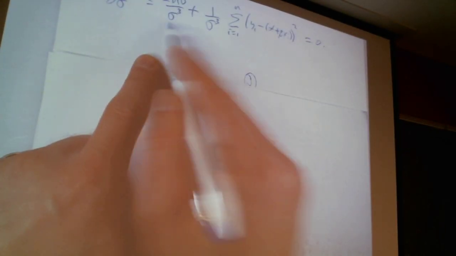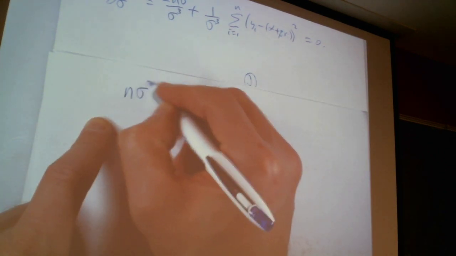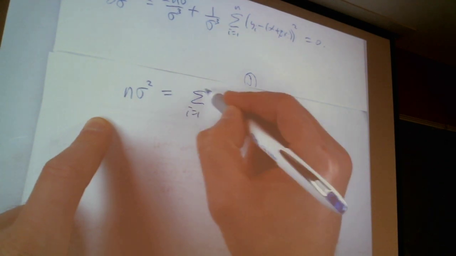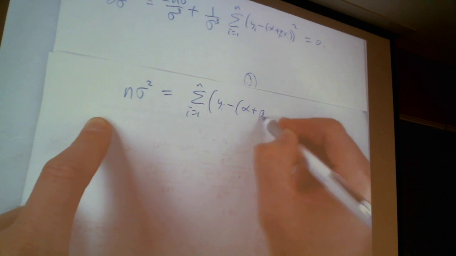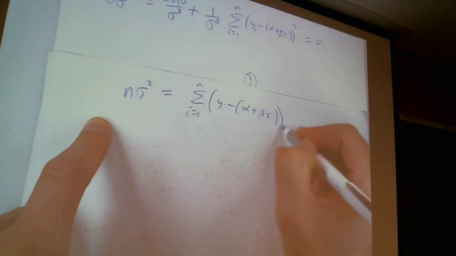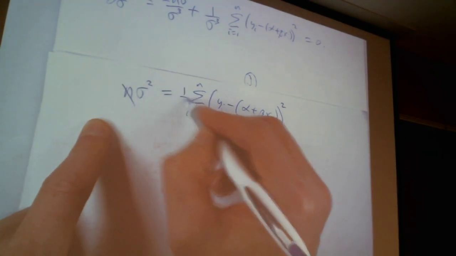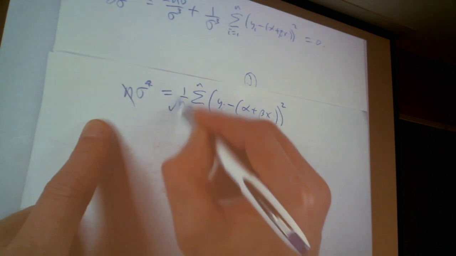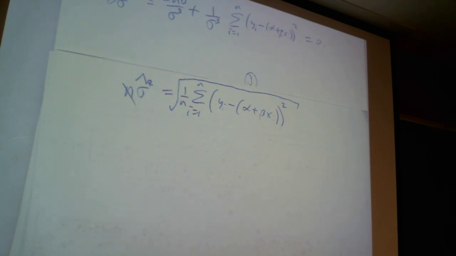So I'm dropping the sigma cubed, so let me move this n sigma to the other side, so I get n sigma squared is equal to a sum, as i goes from 1 to n, of (yi minus (alpha plus beta xi)) squared. In other words, sigma squared is 1 over n times this thing. In other words, sigma is the square root of this whole thing. And sigma is now sigma hat, our estimator for sigma.